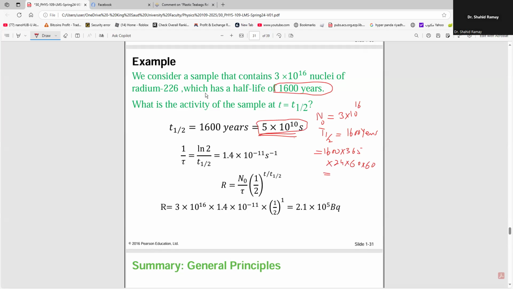Okay. Now we want to find what? What is the activity of the sample at T half? T is equal to T half. So when T is equal to T half, we have to find the activity.